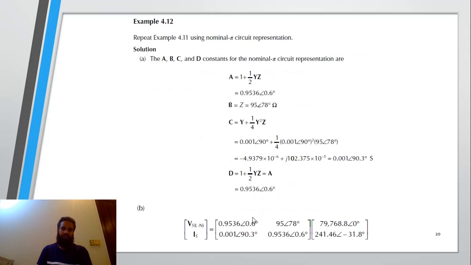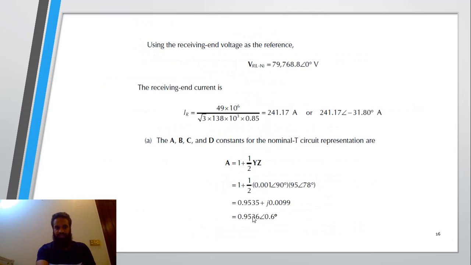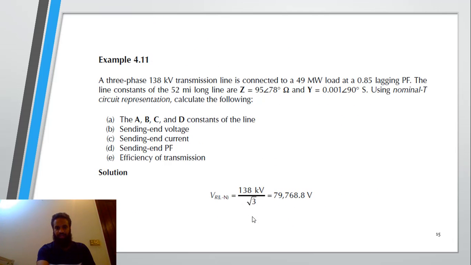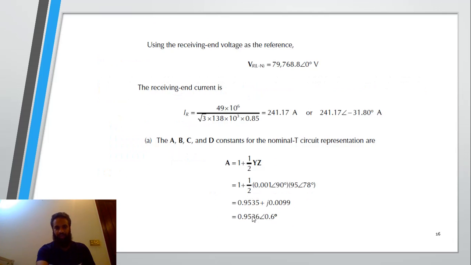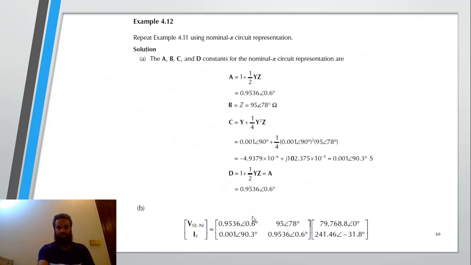Now in the previous example, we calculated everything by using the T model, and now in this example we will calculate everything in the pi model. For the pi model, we have a little bit different equation. The equation of A is 1 plus 1 by 2 YZ.